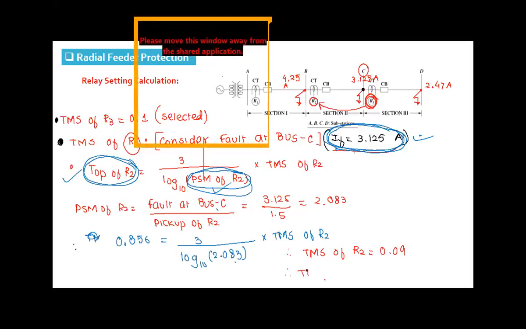So what is TMS of R2 we will select? We will select 0.1.